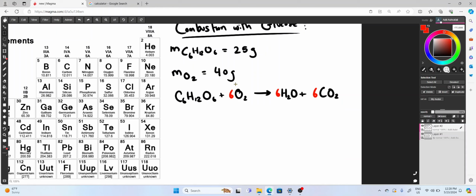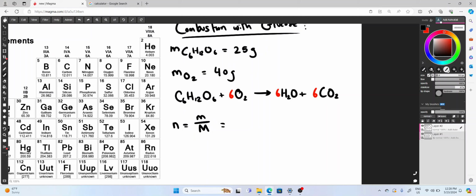Okay. So to get the limiting reactant, we have to use this formula. n is equal to mass over molar mass. We need the moles first of this and of this. So we have the mass, we need to find the molar mass.